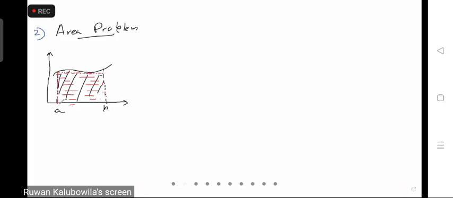You know this length, you can find this height, then you can express the value for the area. But is it a good approximation for the area that you expect?